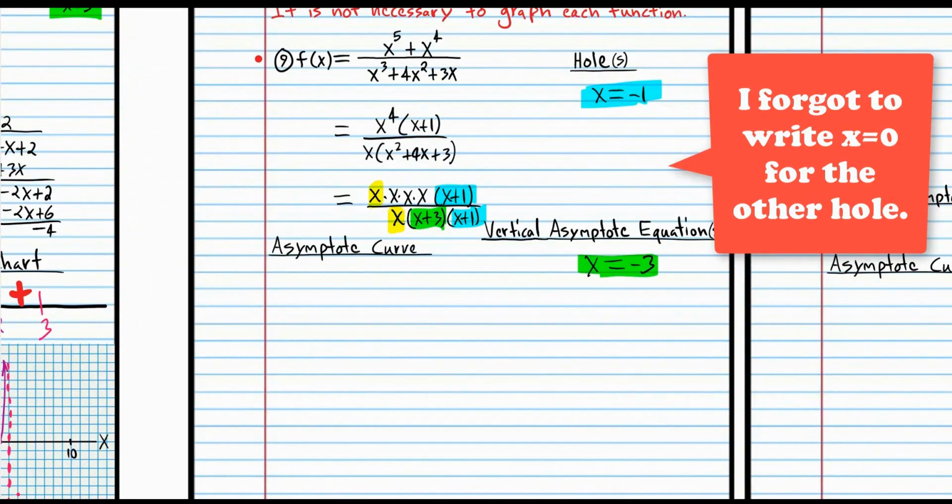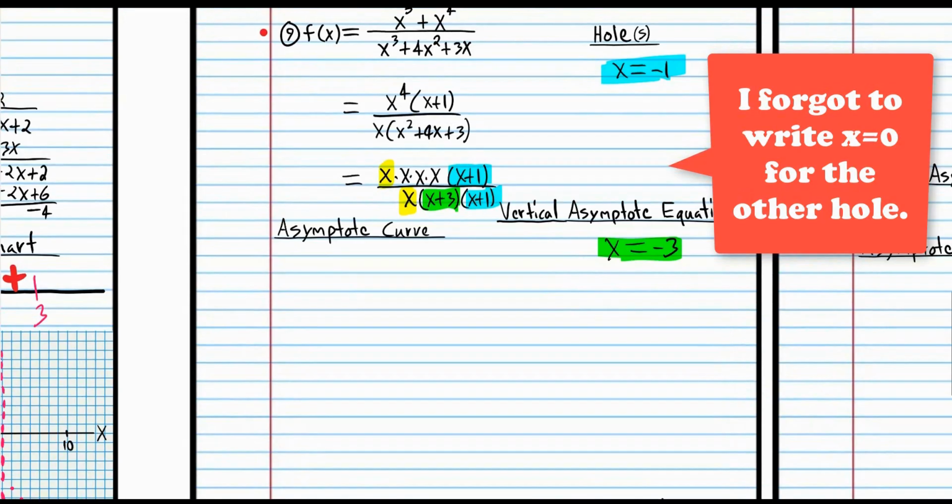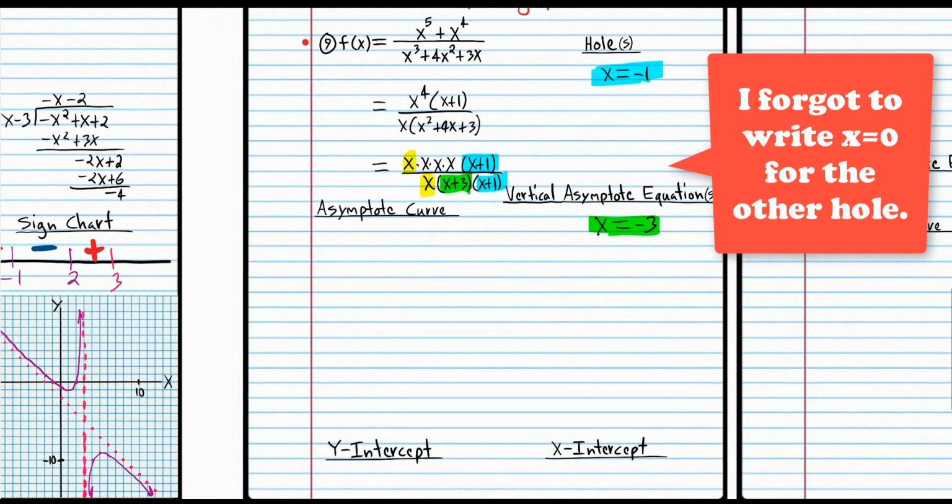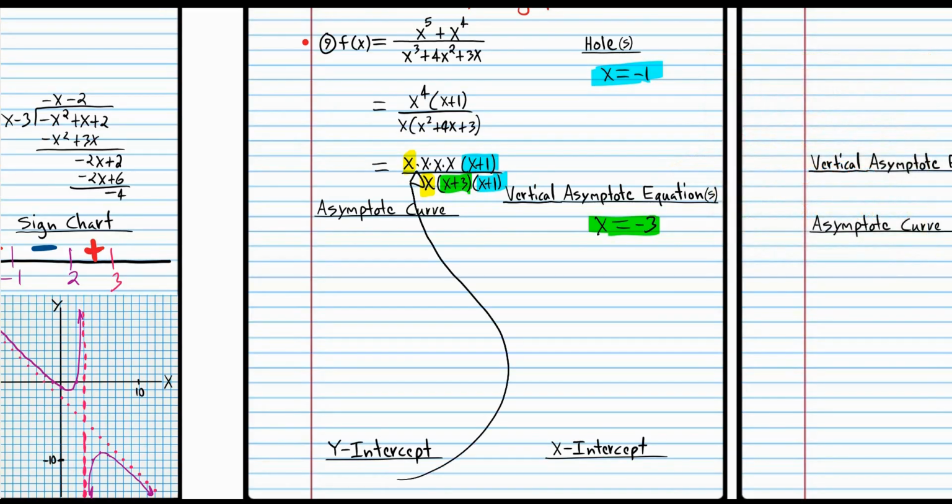That green factor tells us that. And the y-intercept, well, there's no y-intercept because there's a hole at 0, 0. If you plug in 0 for x, then you get 0 for y. That's what these factors up here tell us.